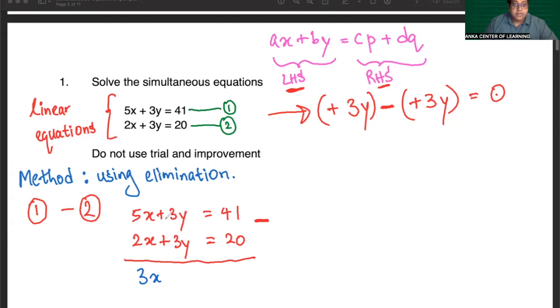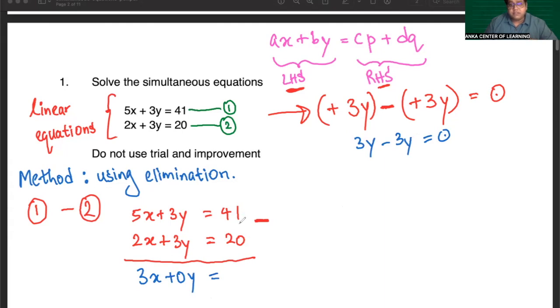And as we already know, plus 3y minus plus 3y, with minus and plus coming into play, it will be 3y minus 3y. So the answer here would be 0, because 3y minus 3y would be 0y. For the moment, I will write it as 0y.